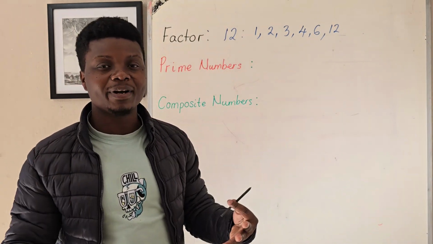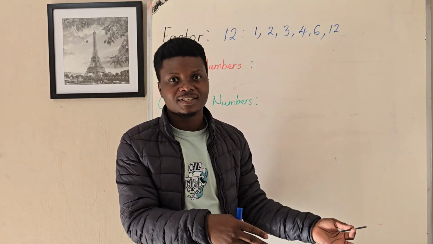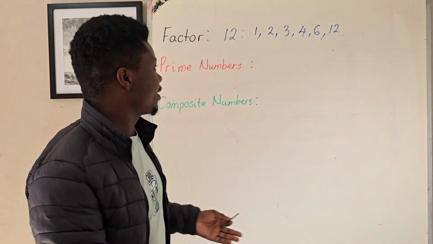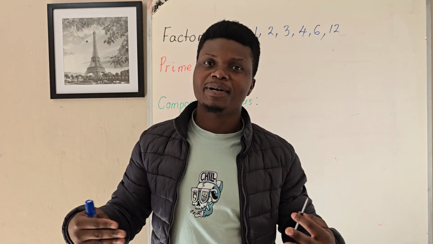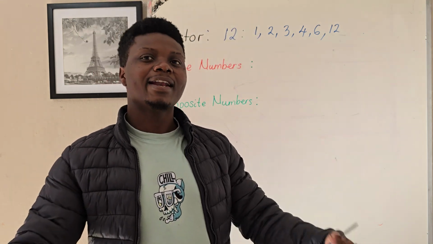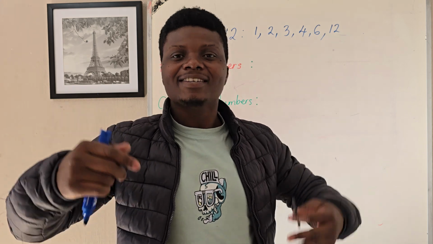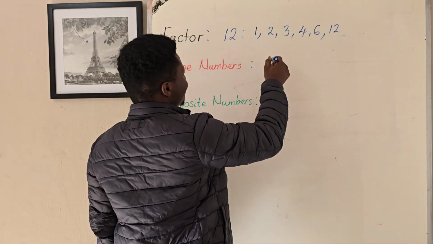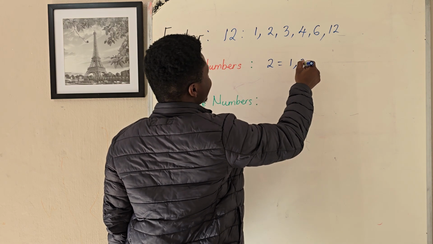So we can group numbers into those that have more factors and those that have maybe only 2 factors. The ones with only 2 factors we call prime numbers. If we define prime numbers in terms of factors, these are numbers that have only 2 factors, 1 and themselves. For example, list the factors of 2, you would tell me that it's only 1 and 2.